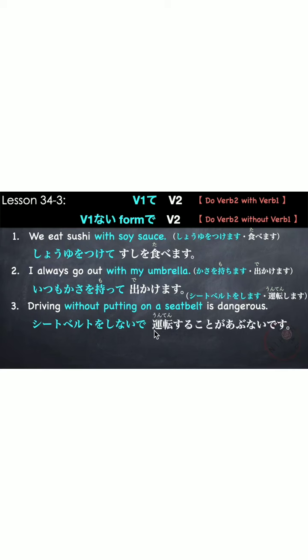So we say 運転すること because we are using driving, which is a noun. 運転することが and we are describing it as dangerous or 危ない、危ないです。シートベルトをしないで運転することが危ないです。Driving without putting on a seatbelt is dangerous.